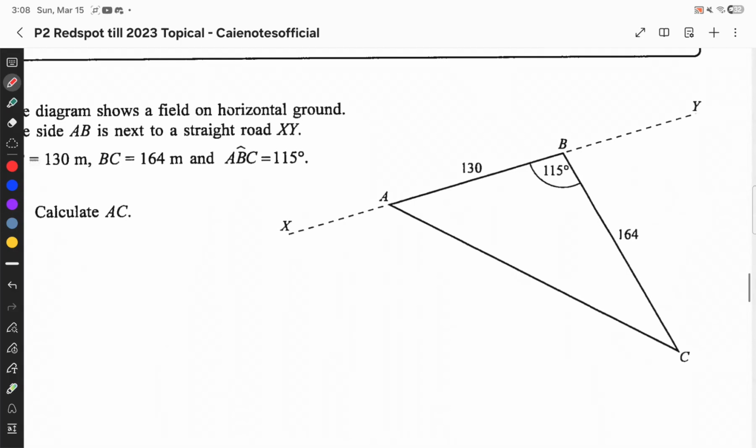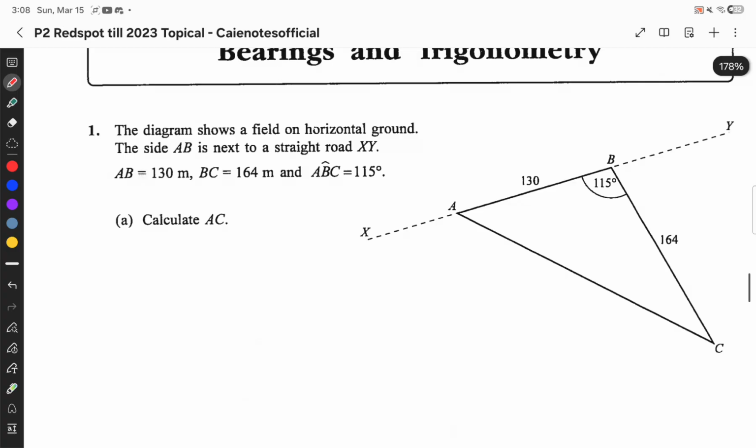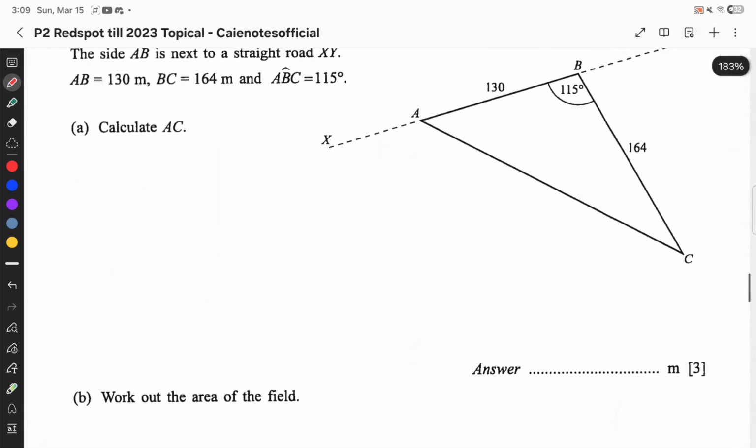Calculate AC. So AC, we can calculate by, no, we need this. We have an angle, we have two sides, opposite of this angle is our AC, so this is cosine rule. Immediately, so I will just write cosine rule, where these are the side lengths and this is the angle to input.